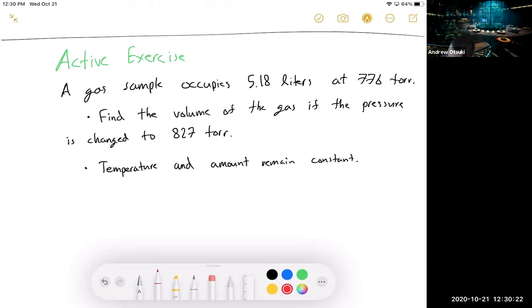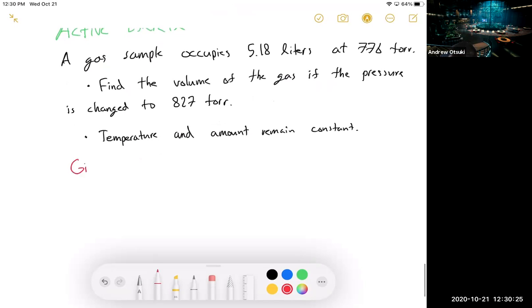So now let's talk about how to solve this. You can also list what you're given if that makes it easier to digest what you just read. So given is 5.18 liters, which is our initial volume. And then we have 776 torr, our initial pressure. For pressure, you do not need to change units.